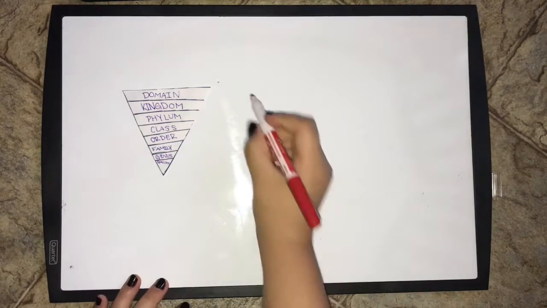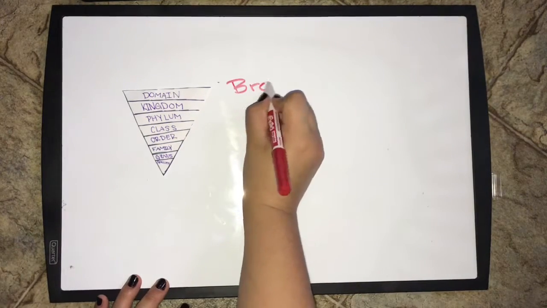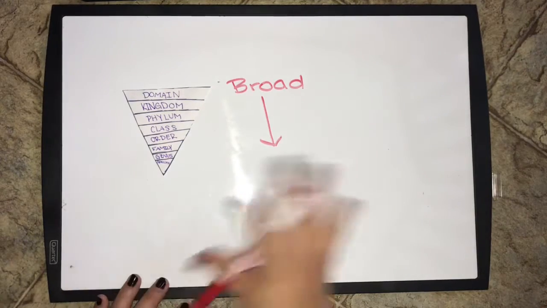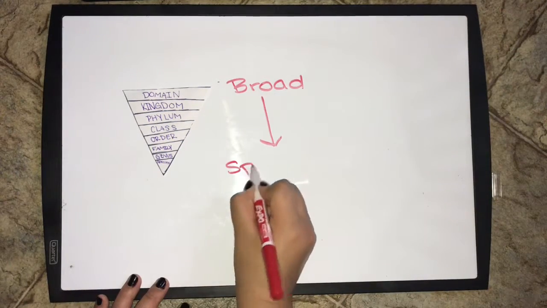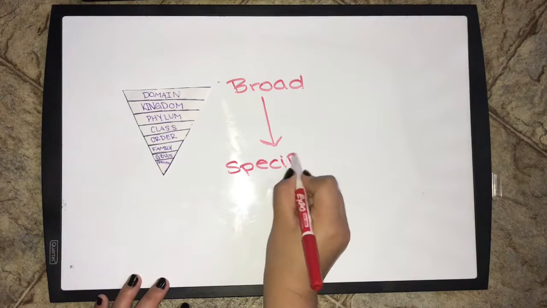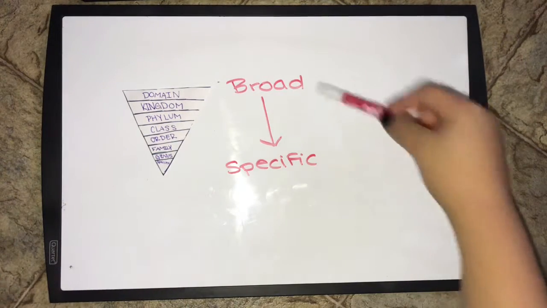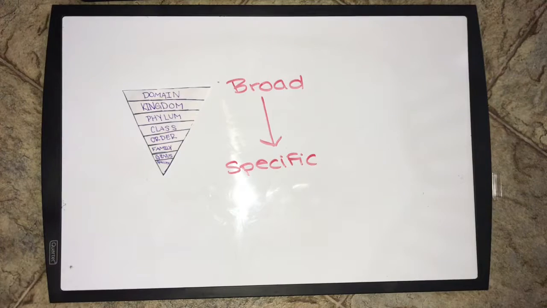Usually the information will go from very broad information to very specific information. If you don't know what I mean, I will give you an example of going from broad information to specific information.